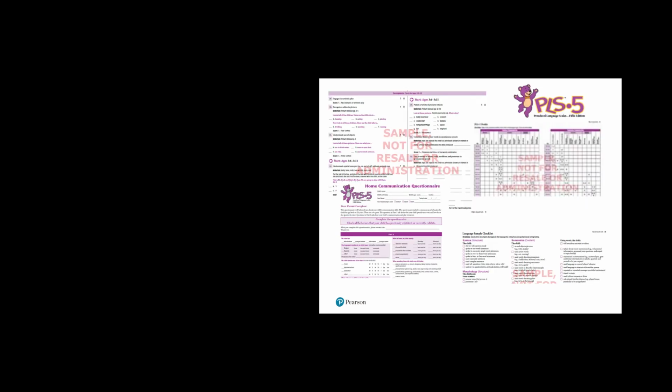So PLS-5, you're able to look at items by developmental ages at a point where 80 to 90% of children are able to pass those test items. And sometimes this diverges from what you would see on older developmental checklists, where some of those checklists have been put together where 50% of children pass the items.